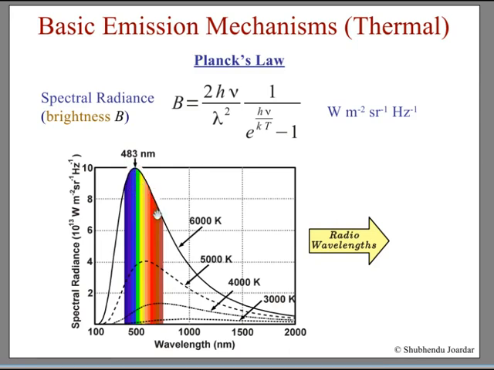This is the spectral radiance, in watts per meter square per steradian per hertz. Steradian means within what angle it comes, and the energy per unit time, joules per second, in an area, in an angle, and per unit bandwidth.